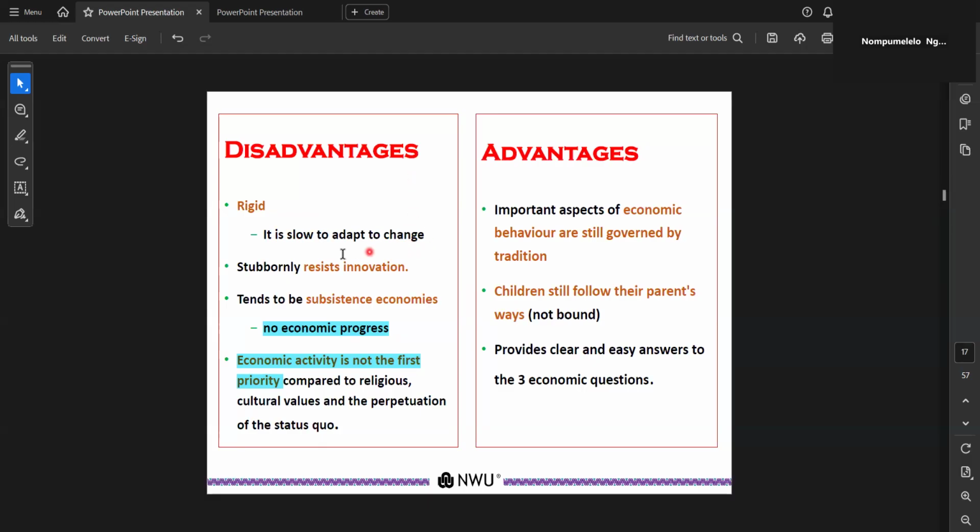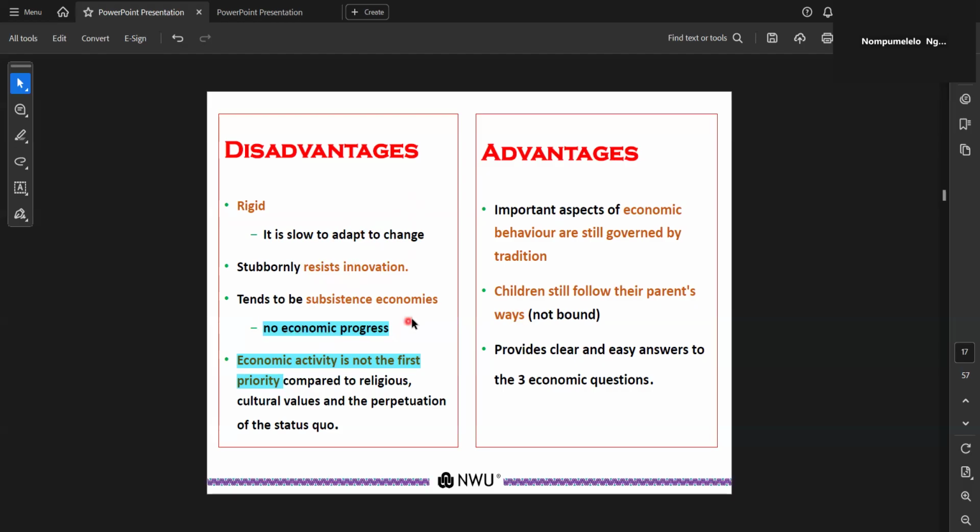So that's a disadvantage. Also, they stubbornly resist innovation. They are slow to adapt to change, and obviously, if you do not adapt to change, it means that they're not being innovative. They resist innovation.